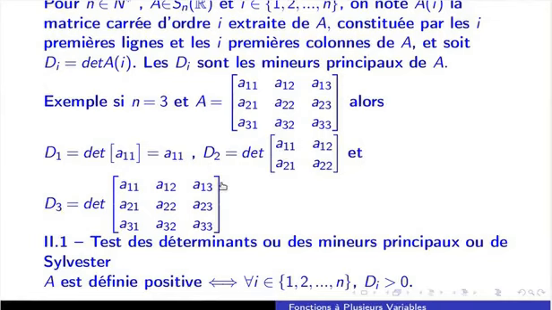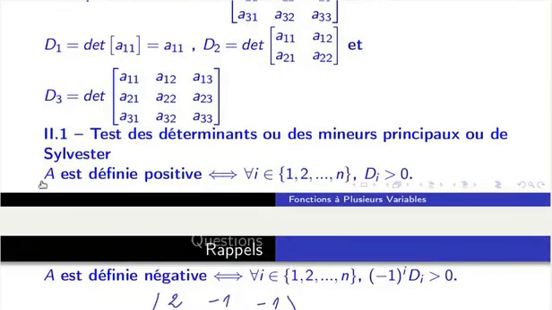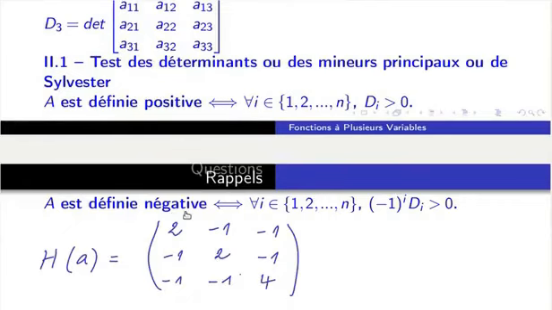Sylvester's test states that A is positive definite if and only if all the principal minors are strictly positive, and A is negative definite if and only if, for any i between 1 and n, (-1) to the power of i times Di is strictly positive. Therefore, (-1) to the power of i depends on the parity of i. This means A is negative definite if and only if D1 is negative, D2 is positive, D3 is negative, depending on the parity of i.